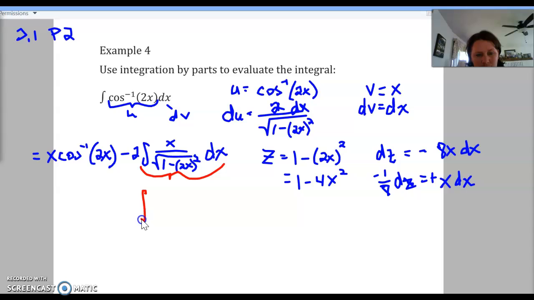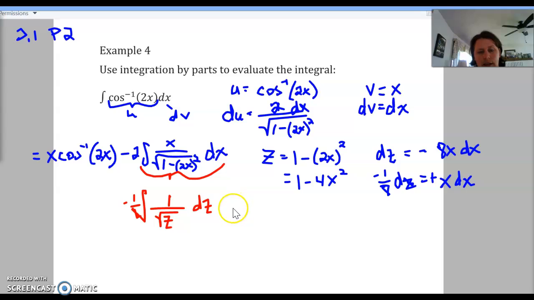So now we have the integral of negative 1/8 dz, and then 1 over the square root of z. So that's simplified down to a really nice integral.